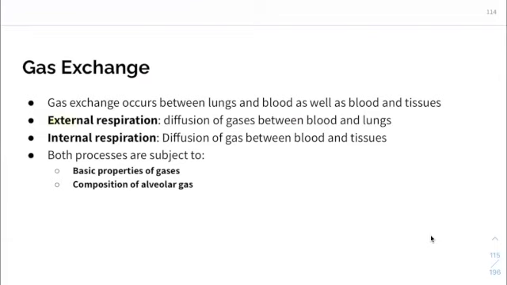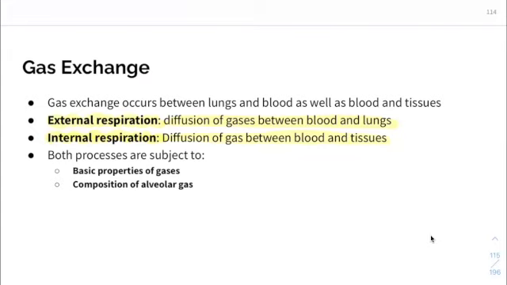So we have what is called external respiration, and that is where the gas diffuses between the lungs and the blood. We have internal respiration. That is the diffusion of the gas between the blood and the tissues.